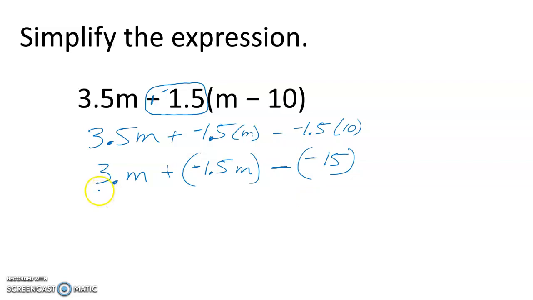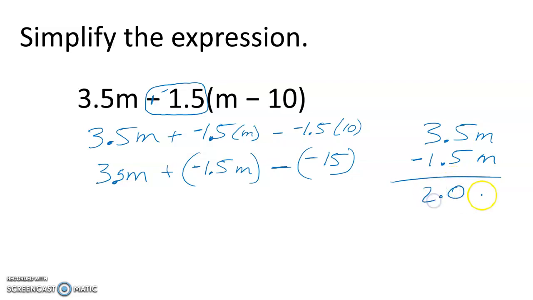We have to combine our like terms. I forgot the 5. So 3.5m negative 1.5m. So a positive and a negative, you're going to subtract. That's going to give me 2.0m or 2m. So when I combine these, I get 2m.